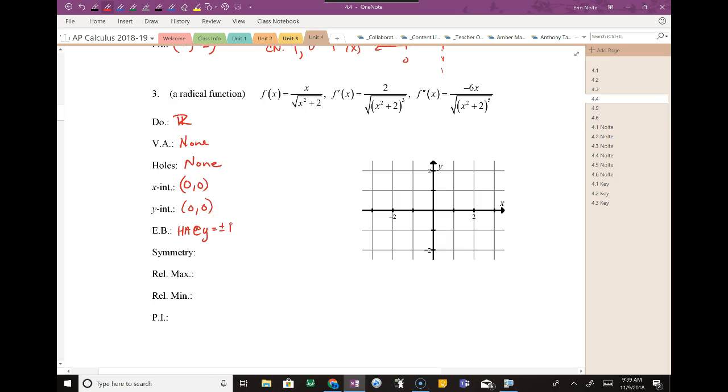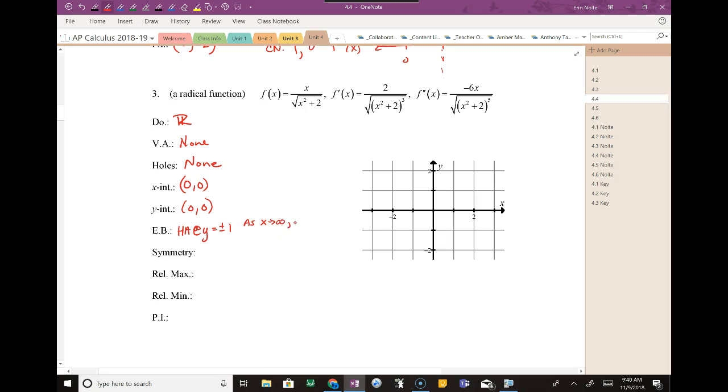So this one might be helpful for us to figure out as x goes to positive infinity, is it going to the +1 or is it going to the -1? When you simplify, the plus or minus makes for a potential negative. So as x approaches positive infinity, let's see which one it's going to.